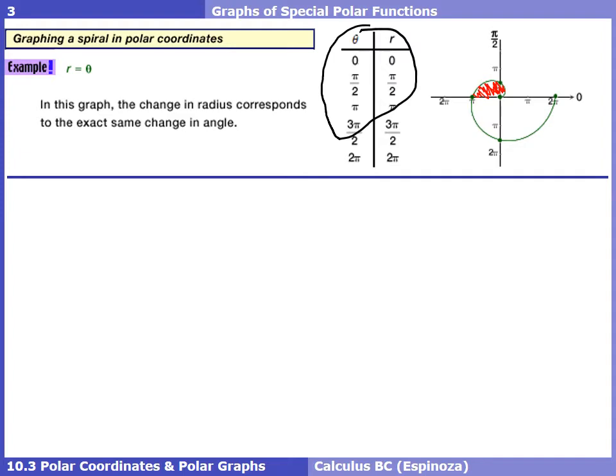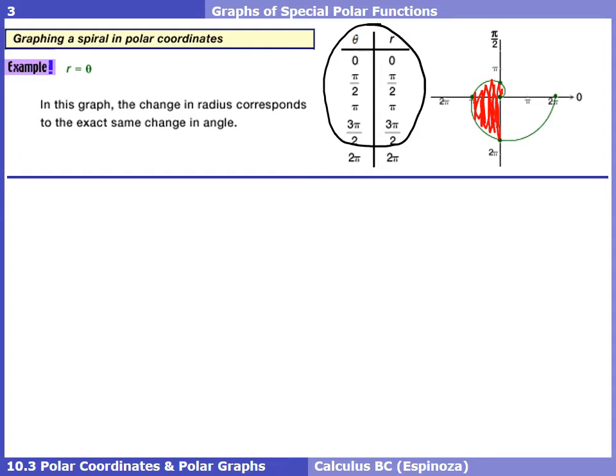Ultimately, what I'm going to jump ahead to is talking about for 10.4 that we're going to be finding the area of these polar graphs. So you need to know how much of the graph is drawn depending on what the particular window or interval happens to be. Just again as one more example, if I asked you to graph 0 to 3 pi over 2, we would be talking about all this area right here.